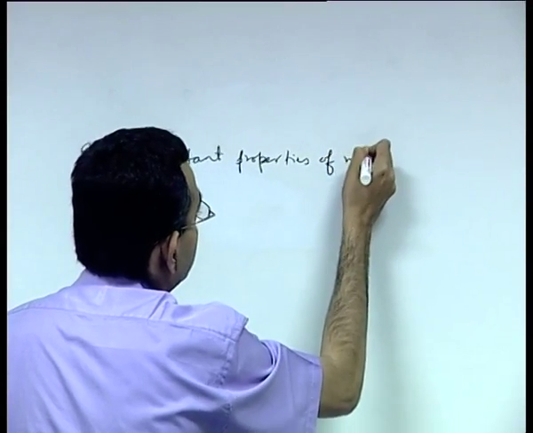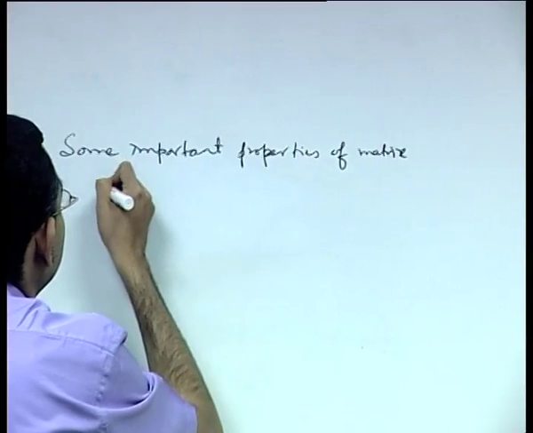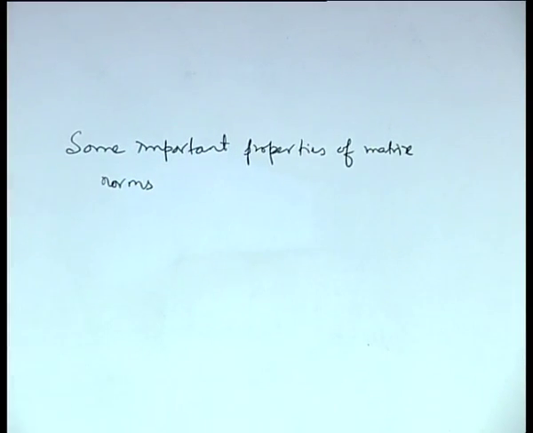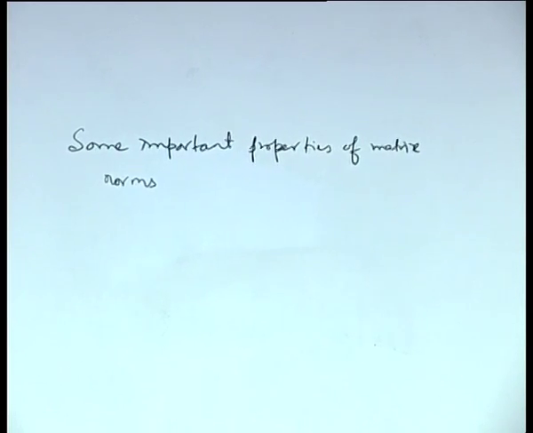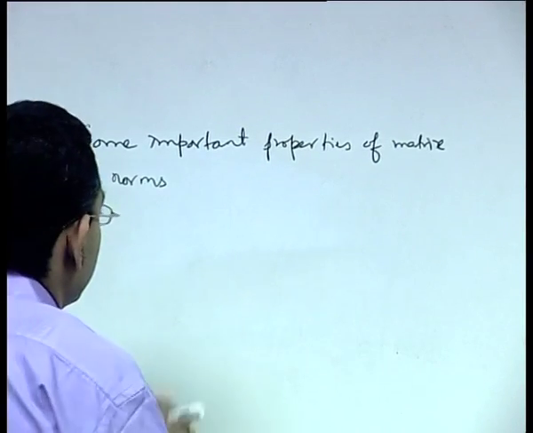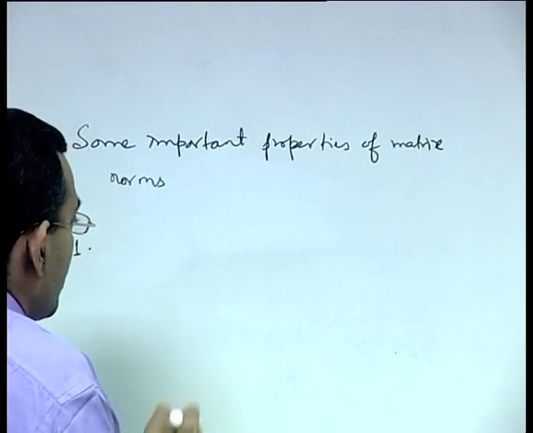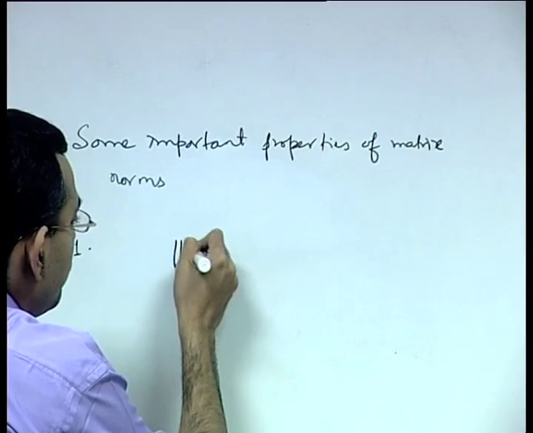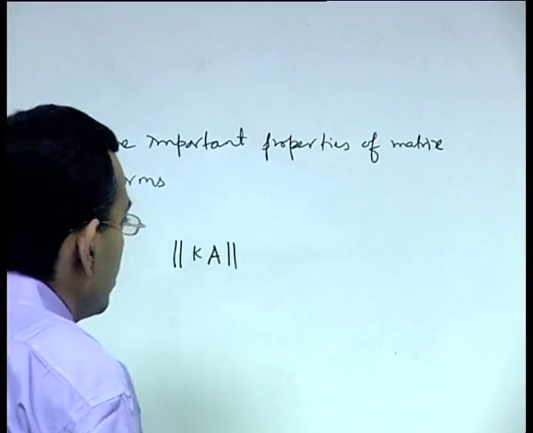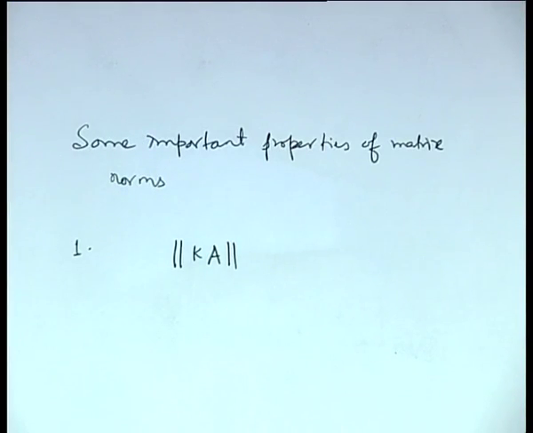Of matrix norms. One of the very interesting properties is the norm of KA, where K is a scalar. How is it related to the norm of A?